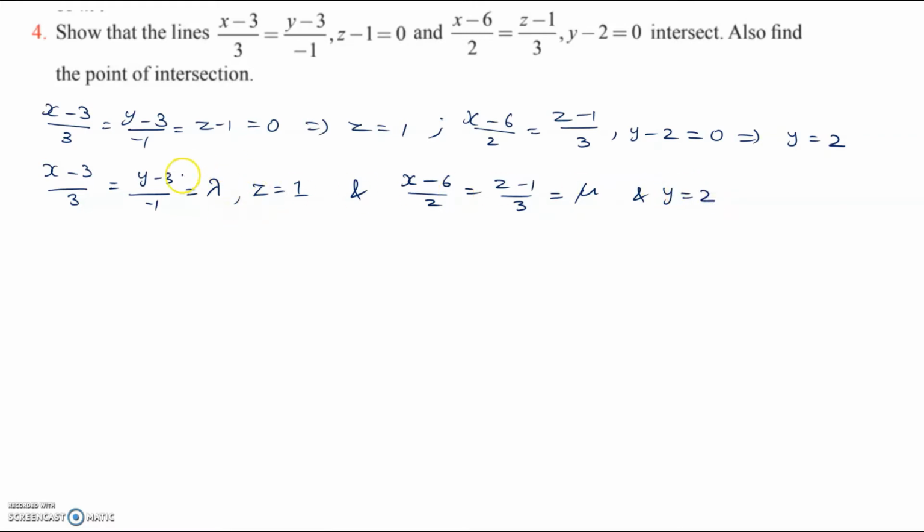So equating the values of x, y and z, we can say that x is equal to 3 lambda plus 3. Similarly, y is equal to minus lambda plus 3, and our z is 1.